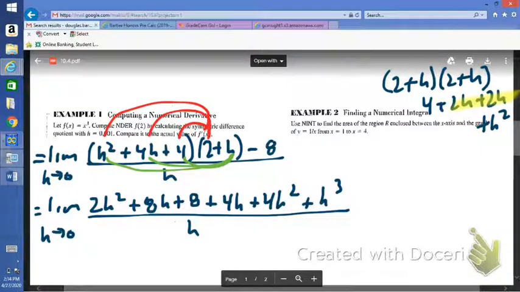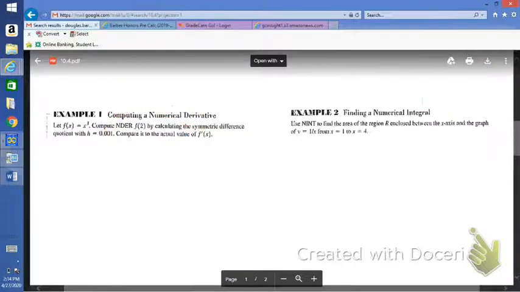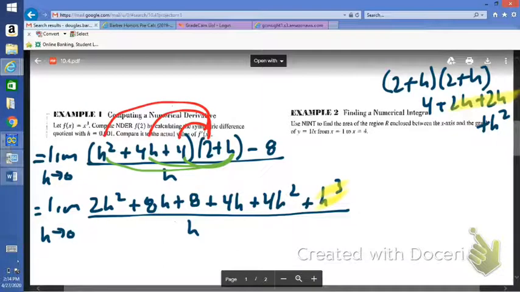Alright, so let's combine like terms. So we have just 1h cubed. We have a positive 4h squared, a positive 2h squared.